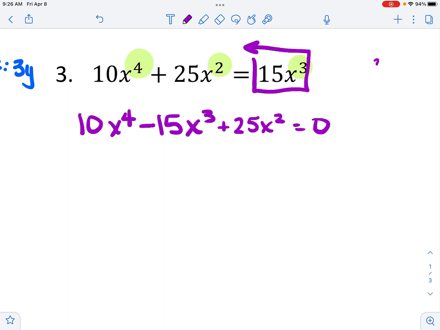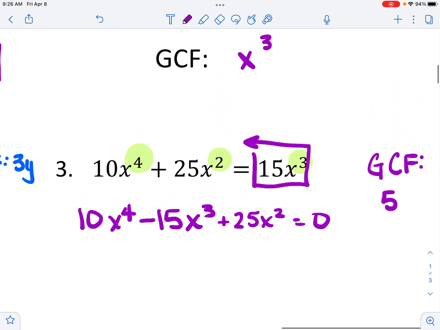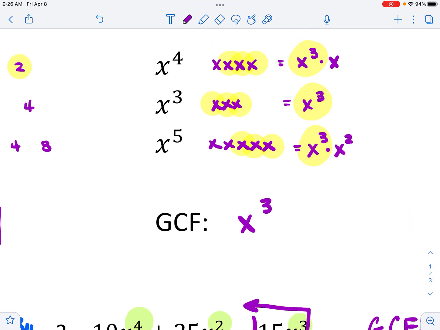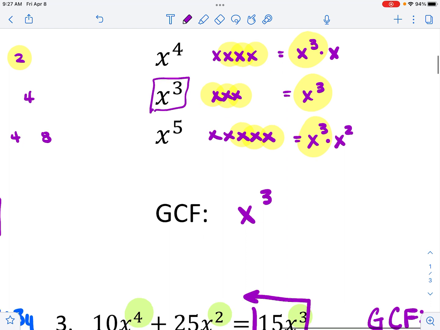Now we have to find our GCF. So we should be able to look at these and recognize that each of the terms are divisible by 5. So if we remember here, when we were looking above with the exponents, really the GCF is going to be the smallest exponent value.